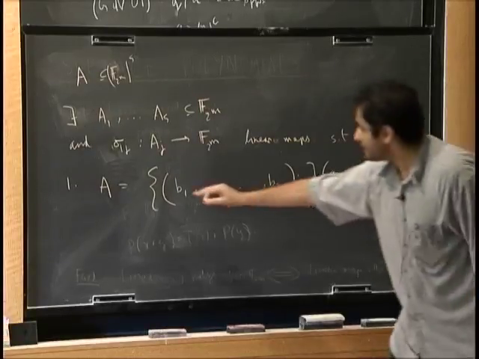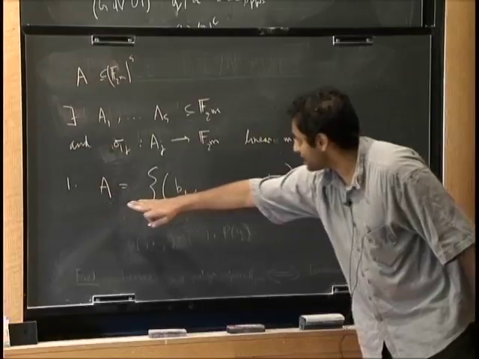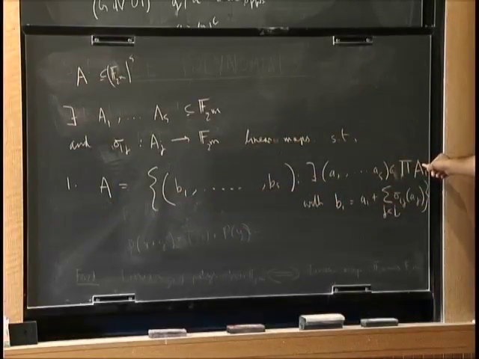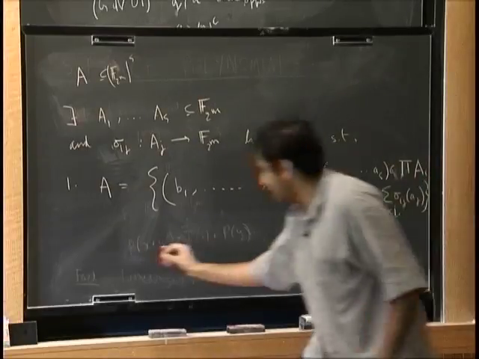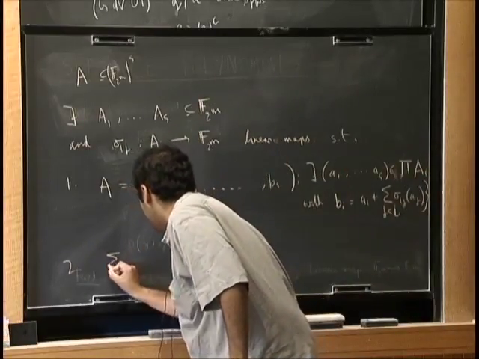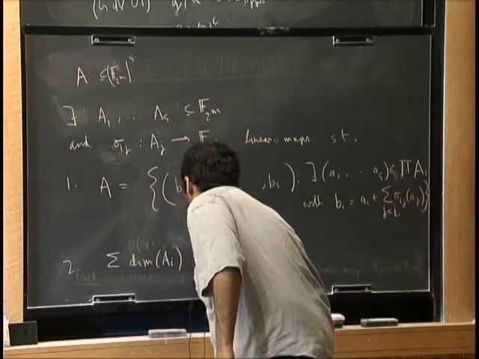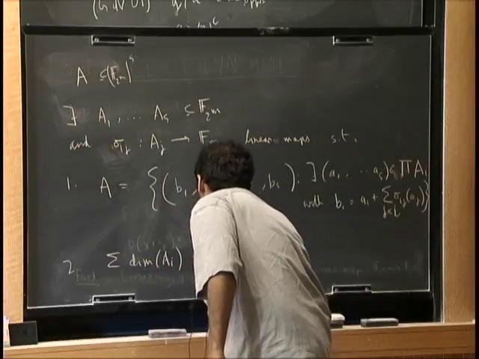So every affine space A, I have parameterized in terms of these spaces AI. And the second fact is that the sum of the dimensions of AI is equal to the dimension of A.